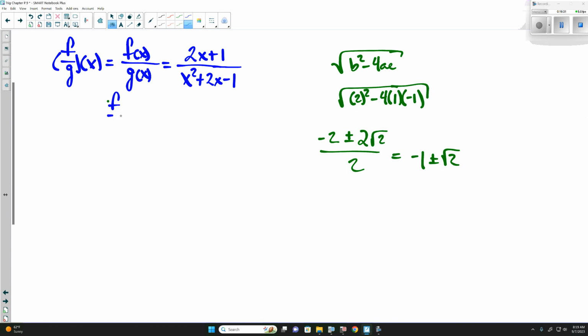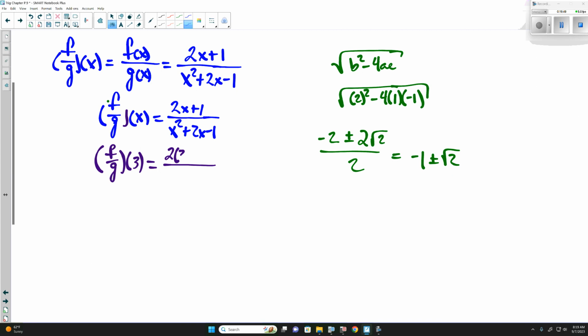So here, f divided by g of x is 2x plus 1 over x squared plus 2x minus 1. And lastly, we're going to figure out what value it's going to have when x is 3.